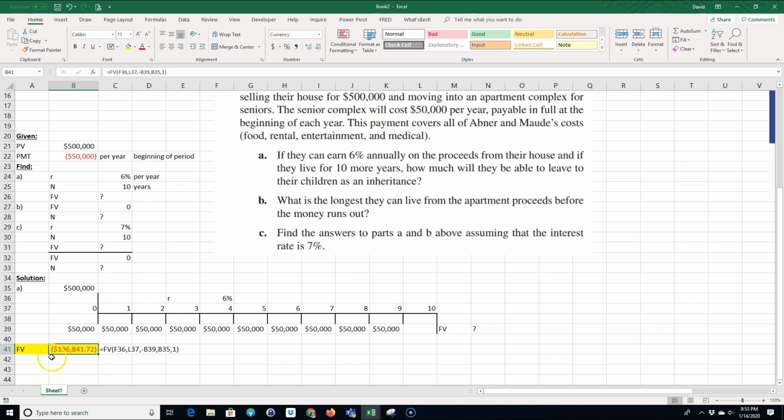So you'd have that much to spend. That's why it's negative. You'd spend it in order to use up all of that. Okay. Now I didn't know which way this was going to point, but I just assumed it was, right? Because you're earning interest on this $500,000 as you go through, right?